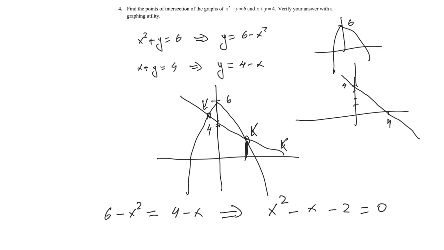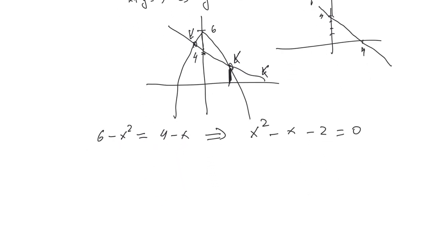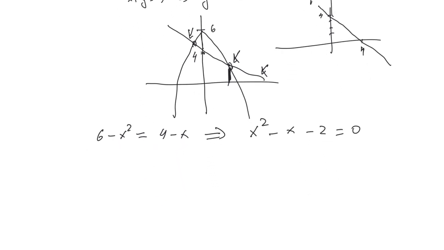If you arrange all these terms, you will find that this is the equation, x squared minus x minus 2. And how will you solve this equation? You will solve it by the quadratic formula. Remember that ax squared plus bx plus c equals 0 is solved like x equals minus b plus or minus the square root of b squared minus 4ac, divided by 2a.